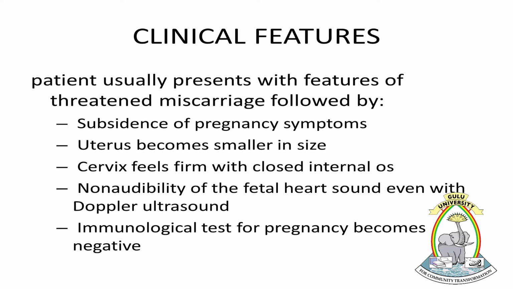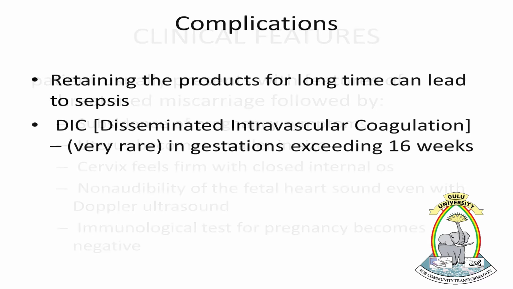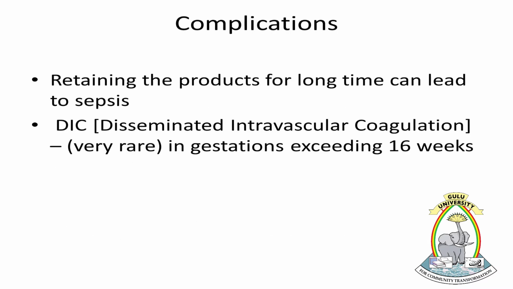And with time, if it takes really long, the immunological test for pregnancy may actually be negative. If you retain this product of conception, it might lead to complications of sepsis or disseminated intravascular coagulation.